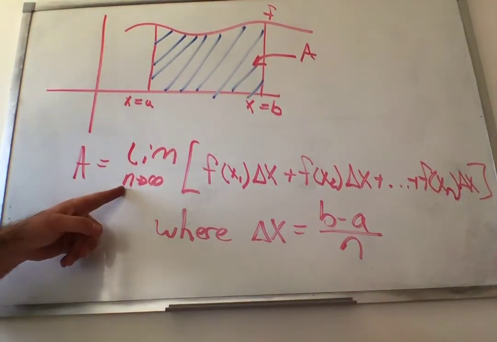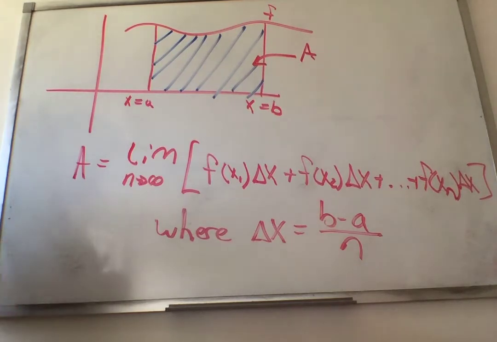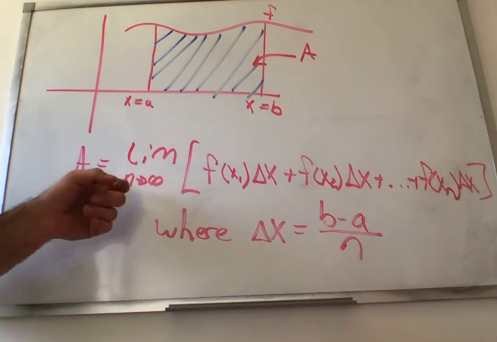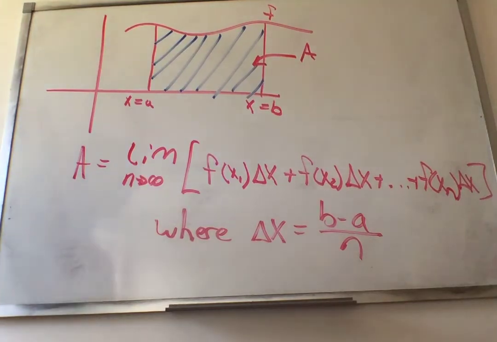Here, n is just the number of rectangles that we have, okay? So this gives us a way of computing the area. If we specify what n is, n going to infinity, we can't do an infinite number of rectangles.